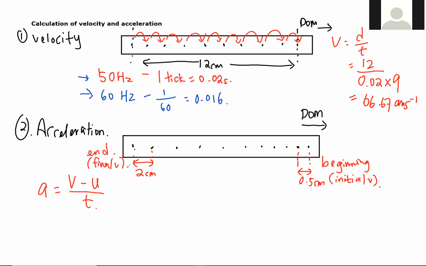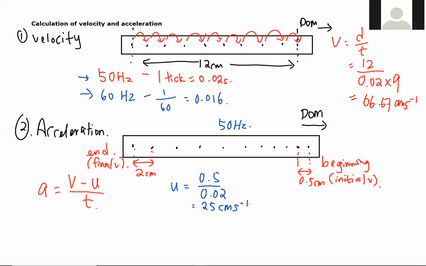Okay, so how do you calculate your initial velocity? You take the first 2 points. 拿前面那2个 point，u 等于 the distance is 0.5 除多少时间？Okay, let's say 50 hertz. So 除 0.02, right, 0.5 除 0.02 you get 25 cm s minus 1.